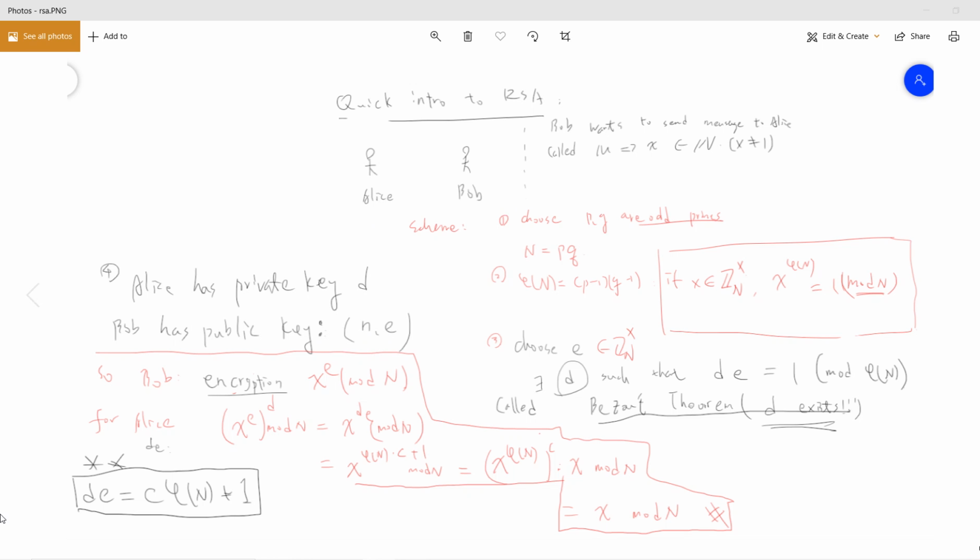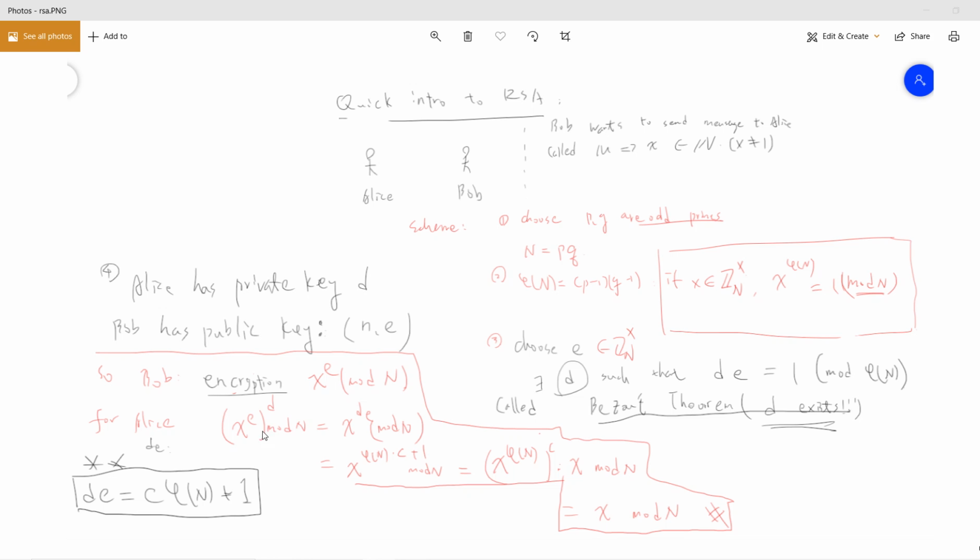Let's say Bob wants to send x to Alice. Bob will first do the encryption. Bob will just compute x to the power e mod n. Now that Bob has encrypted, Alice should do the decryption.